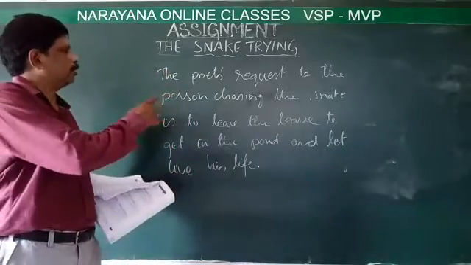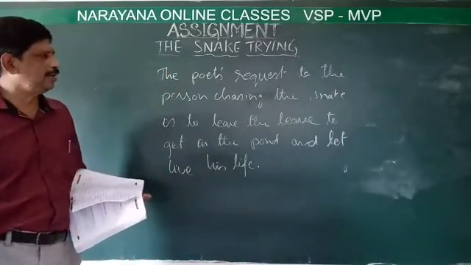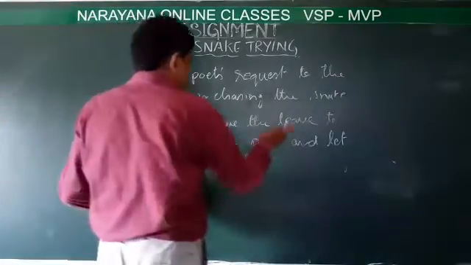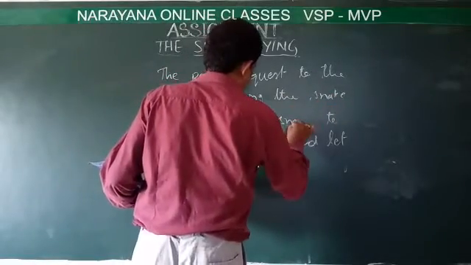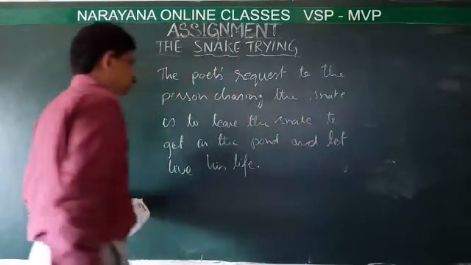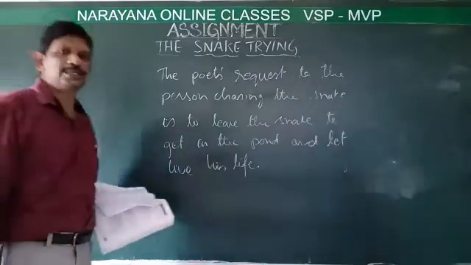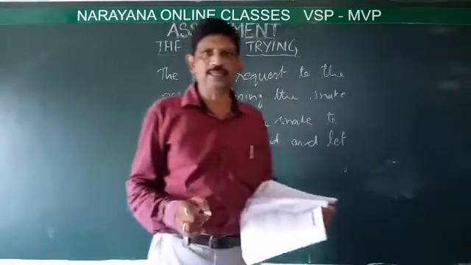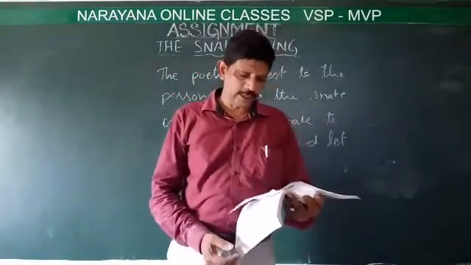Again, the poet requests the person chasing the snake to leave the snake to get into the pond and let him live his life. Okay, why? The reason is it is non-poisonous. Next question.